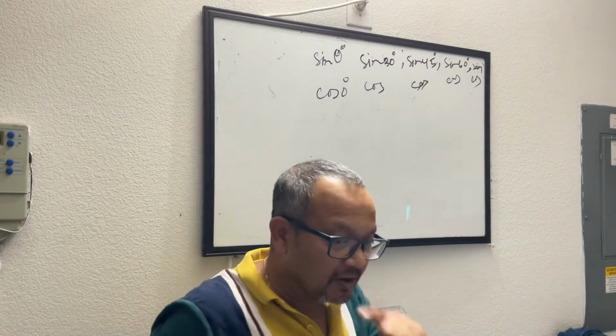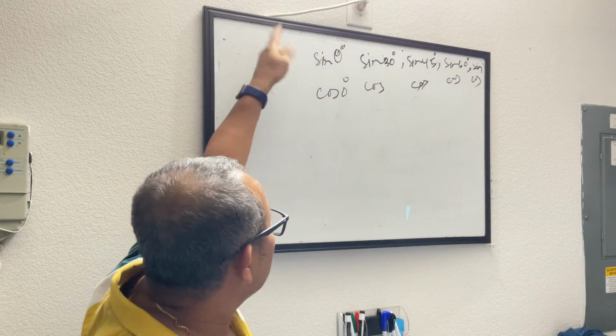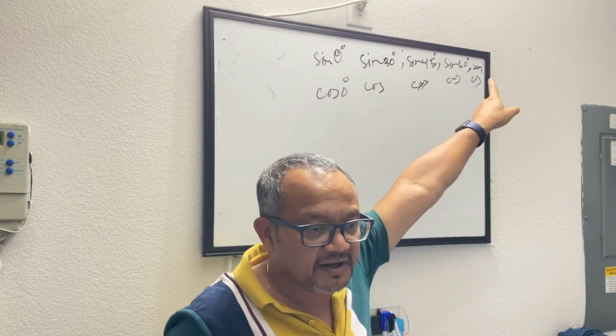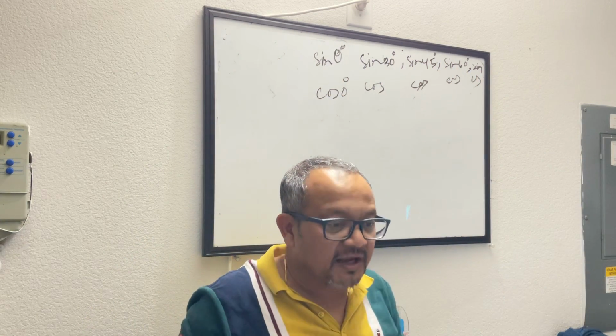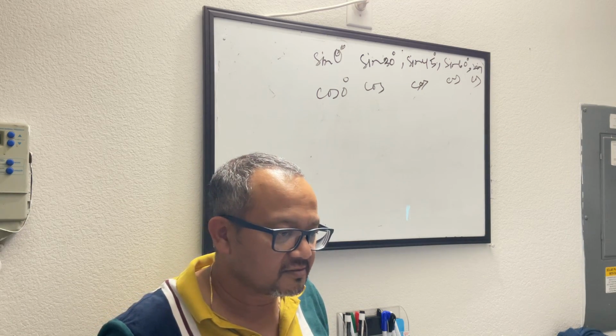So we are going to derive or find out how do we get the value of these trig functions, applying the basic concepts that we are aware of. Is that okay so far?